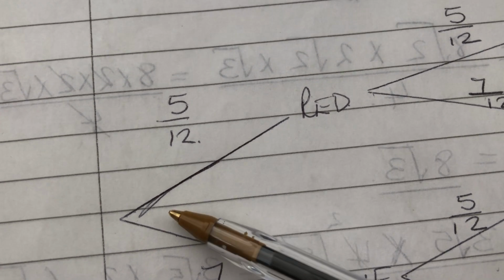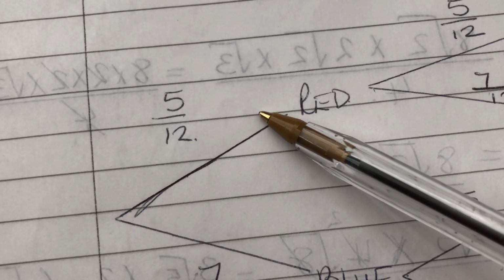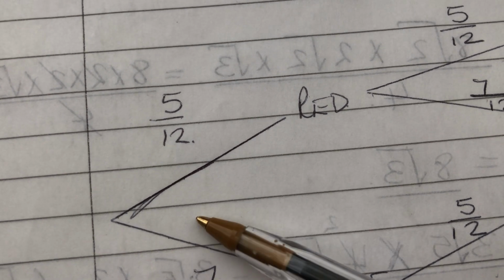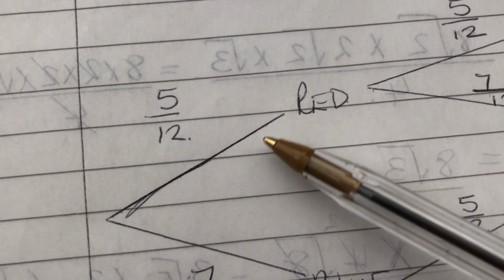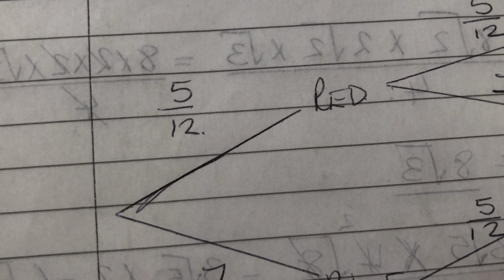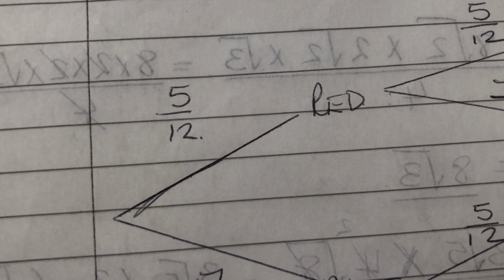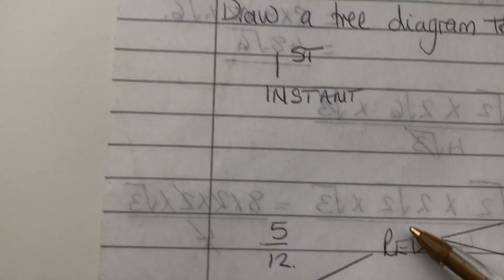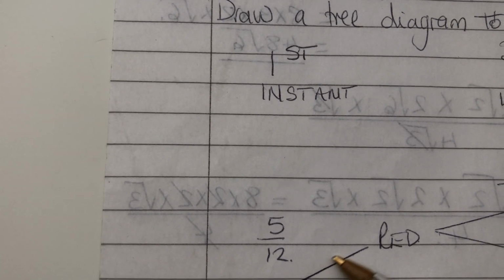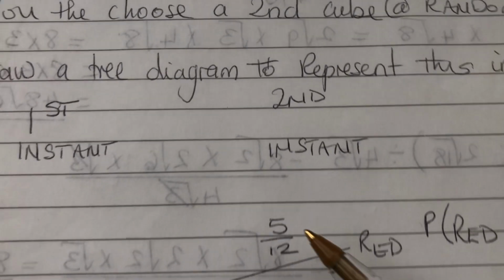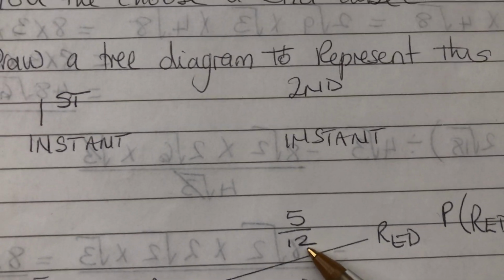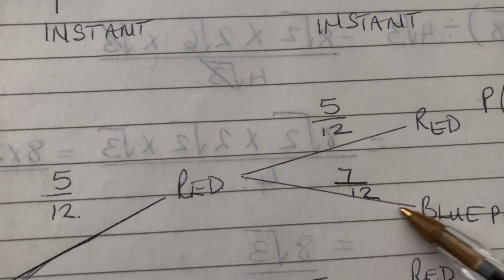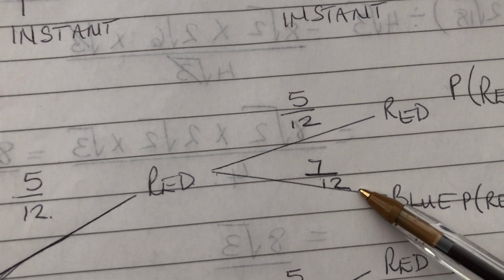So you choose one and then you note the color, you replace. Because you are replacing, the red doesn't reduce, the overall total also doesn't reduce. So the probability of choosing a red first instance is 5/12. Another red second instance will be 5/12.